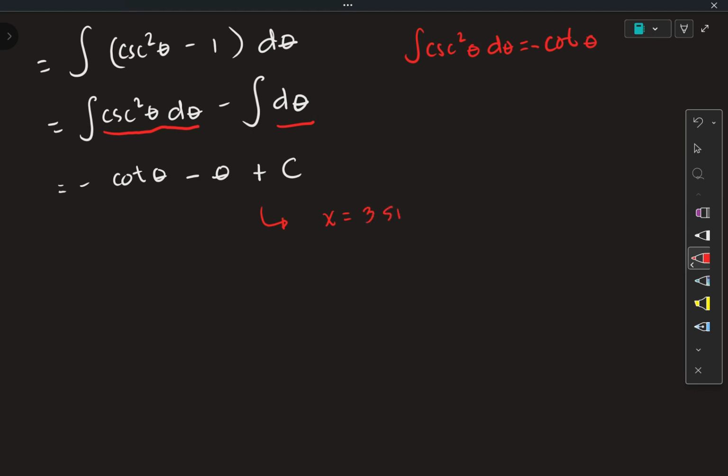3 sine theta. To find the value for cotangent theta, we draw a right triangle with this angle. Since x equals 3 sine theta, sine theta is equal to x over 3.